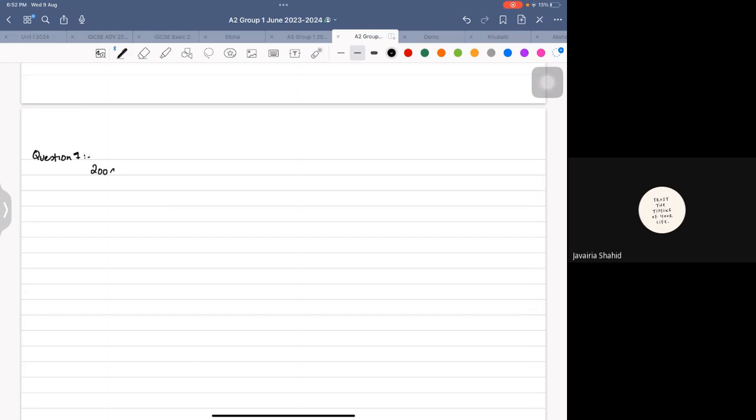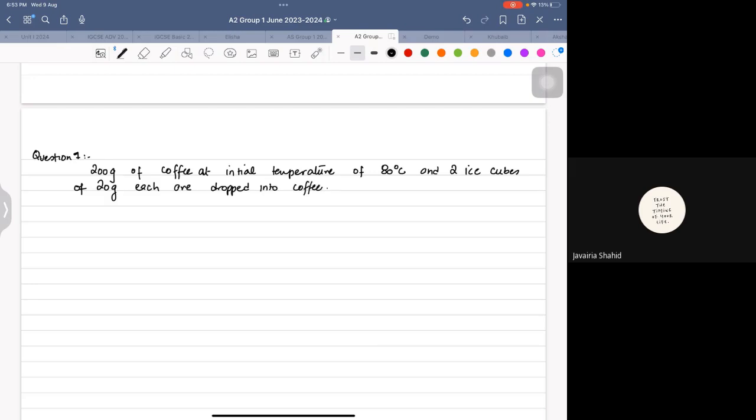It says 200 grams of coffee at initial temperature of 80 degrees Celsius and two ice cubes of 20 grams each are dropped into coffee. Okay.